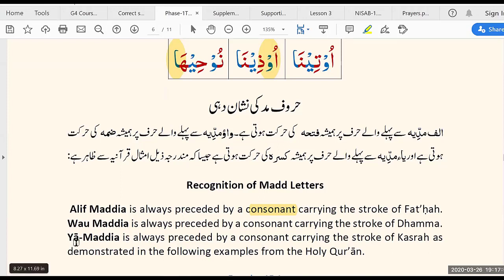Ya of elongation is always preceded by a letter carrying the stroke of kasra. As we can see here, we have ya of elongation preceded by the letter ta, which is carrying a kasra stroke.